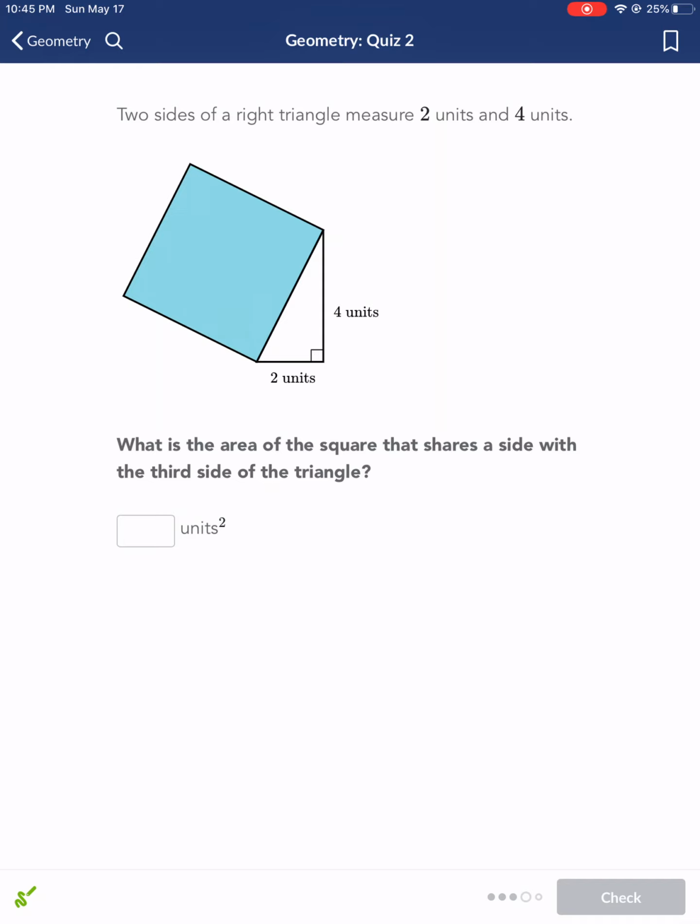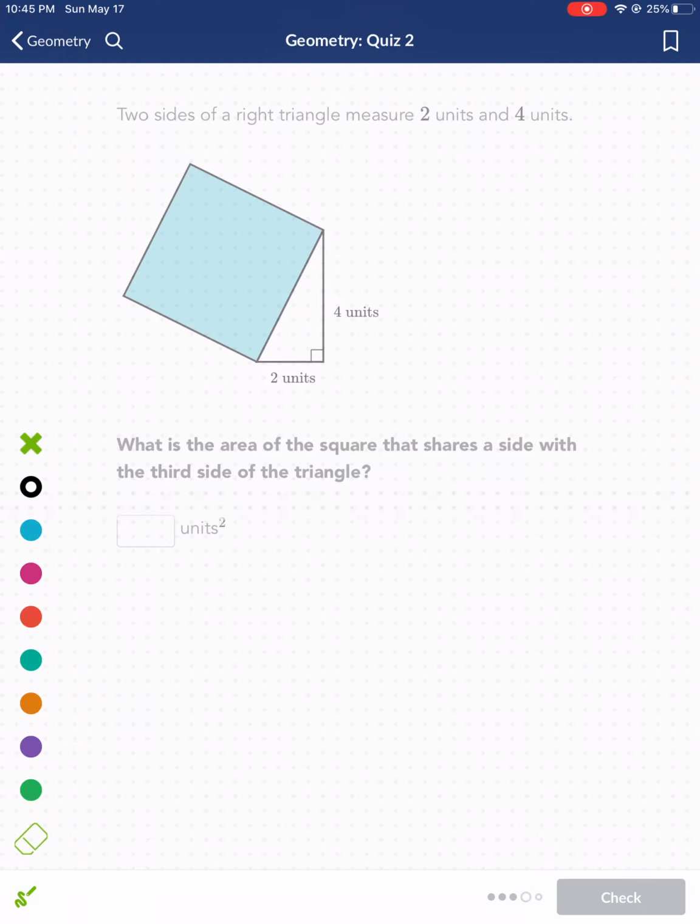This one says 2 sides of a right triangle measure 2 units and 4 units. What is the area of the square that shares a side with the third unit? Okay, so here, not only do we need to solve 2 squared plus 4 squared equals x squared, once we find x, we need to square it.